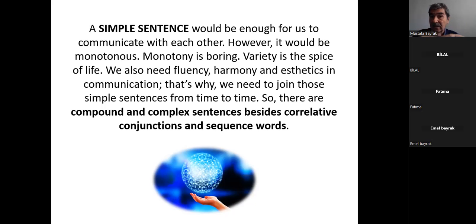We need to join, connect those simple sentences from time to time. So there are compound sentences, complex sentences, besides correlative conjunctions and sequence words. Okay, four categories. These are really important.